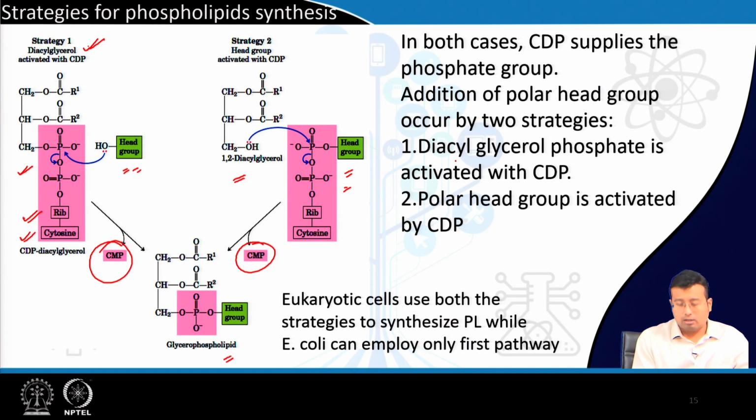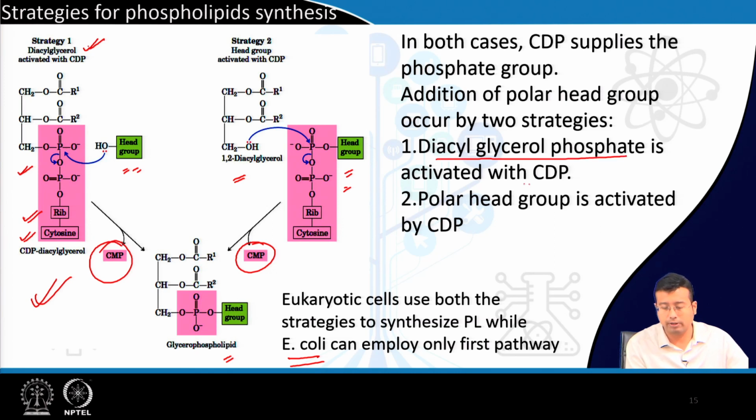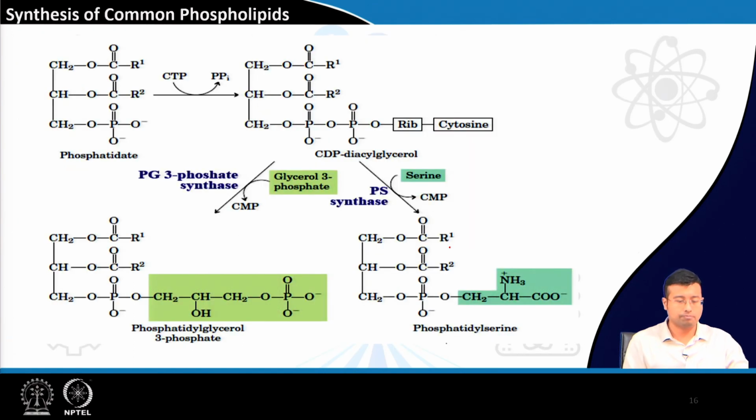So, these are the 2 strategies. Now, it has been found out that eukaryotes can use both the strategies to form the glycerophospholipid, whereas the bacteria can only use the first pathway. So, addition of polar group to diacylglycerol phosphate with CDP, or polar group that is activated by CDP alcohol.